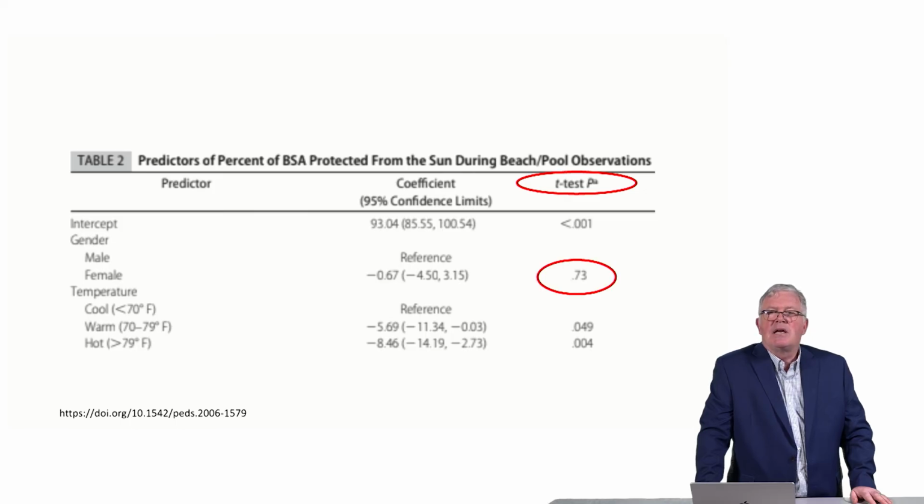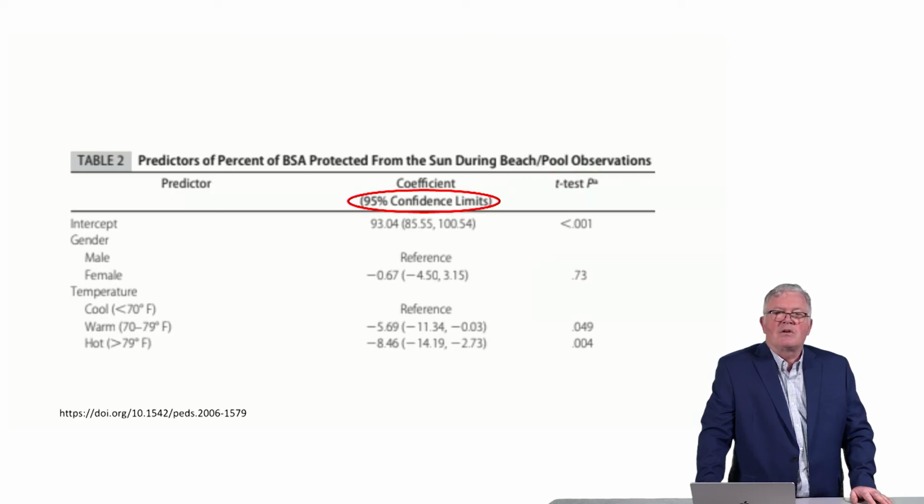For example, the p-value of 0.73 is not statistically significant, and when we look over at the confidence limit for that, we can see that 1 is included in that range, which matches the finding of a p-value of greater than 0.05. Just draw your attention to the intercept just above it, which is statistically significant, less than 0.001, and 1 is not included in that range.